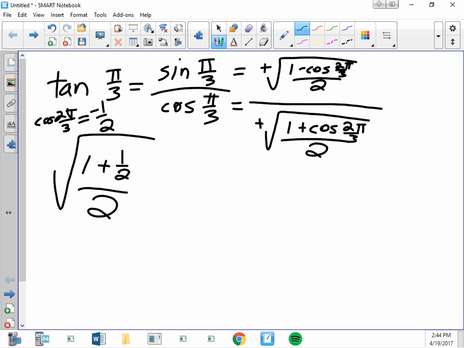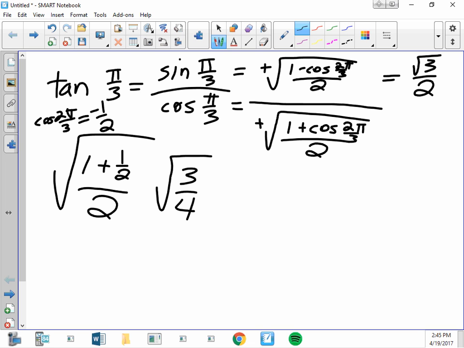What's 1.5 divided by 2? It's 0.75, which is 3/4. So we get the square root of 3 over 4, which simplifies to root 3 over 2.